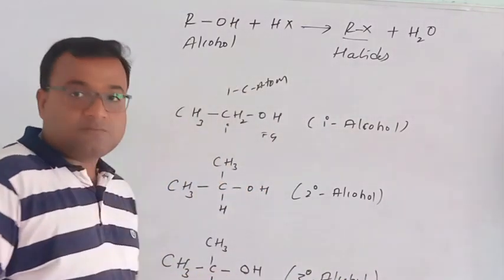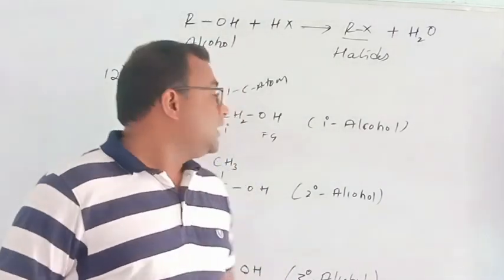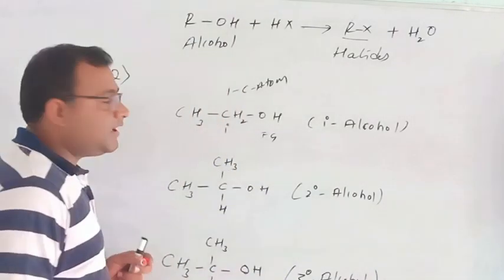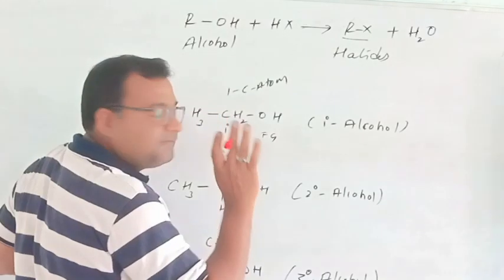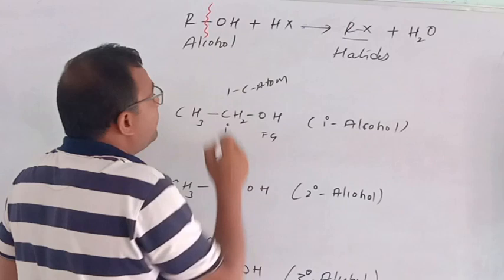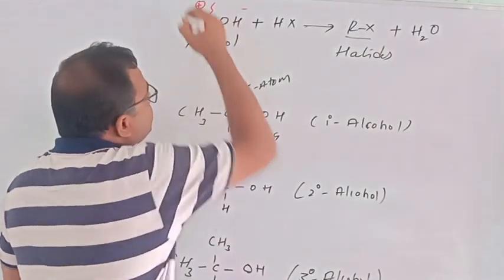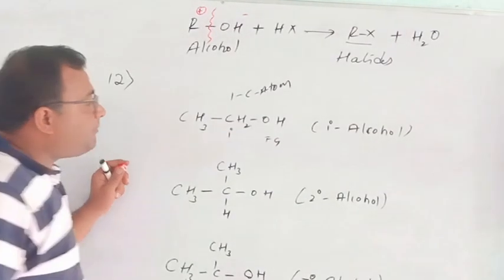Now the question is based on the inductive effect. For time being, this bond breaks. When the bond breaks, this will get a negative charge and this will get a positive charge.